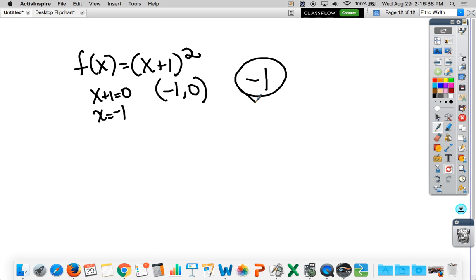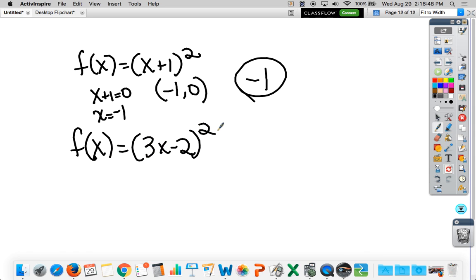Okay, so let's look now at C. F of x equals 3x minus 2 squared. Standard form, vertex form. Vertex. But I'm going to tell you that the vertex is not 2, 0. So it's 2/3.